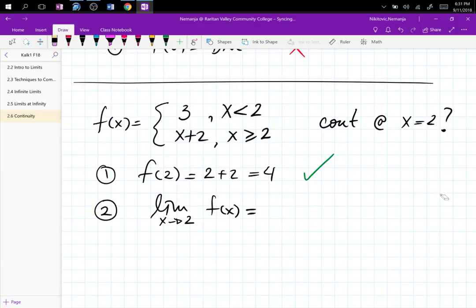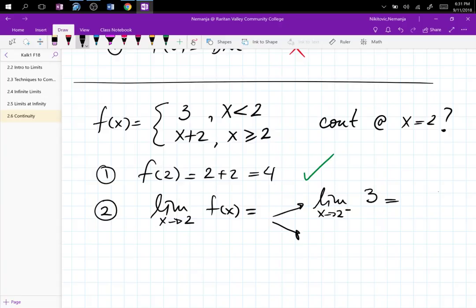So now this actually has to split into two separate limits. The top limit is the limit as x approaches 2 from the left side, so minus, of 3.